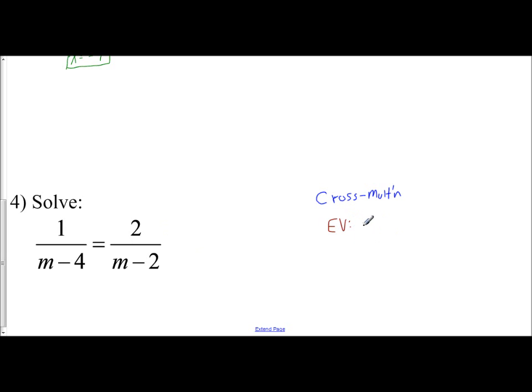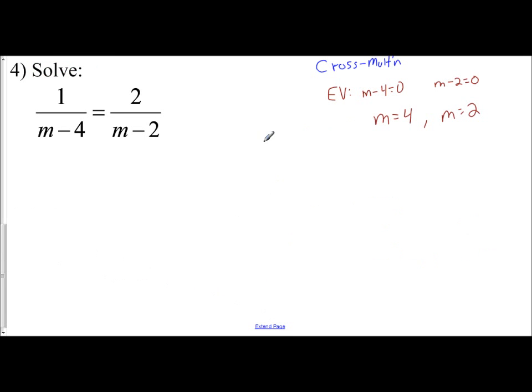So I have m minus 4 equals 0. One of my excluded values is m equals 4. But I also have the expression m minus 2 in the denominator. So m minus 2 equals 0. M equals 2. I have two excluded values. I cannot get 4 or 2 for an answer, or it will create a 0 in the denominator. So we need to keep that in mind when we're solving.